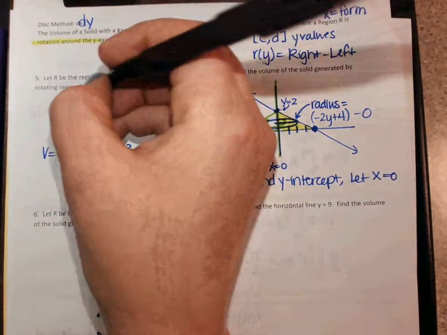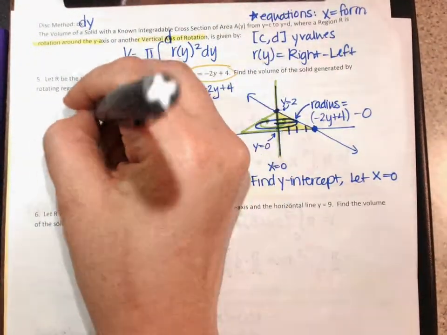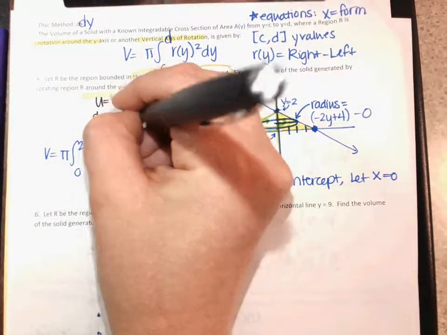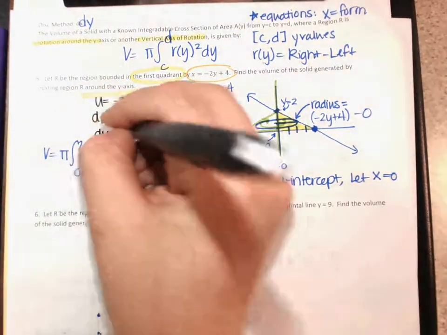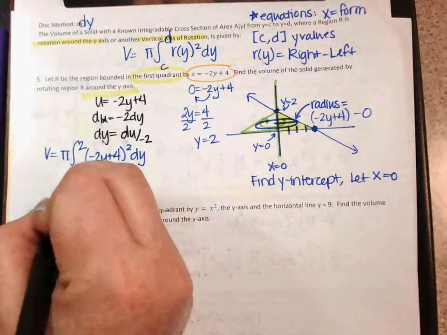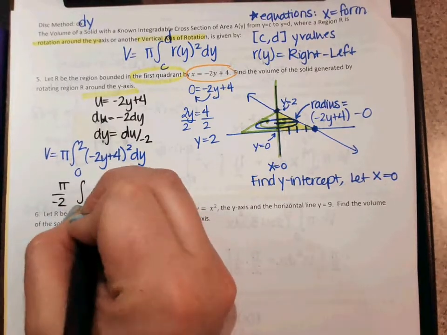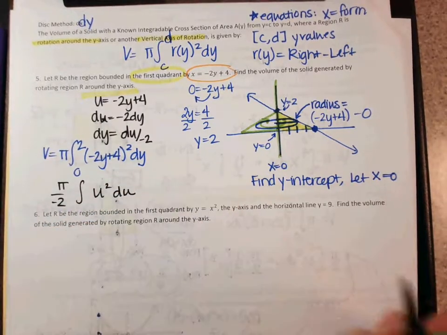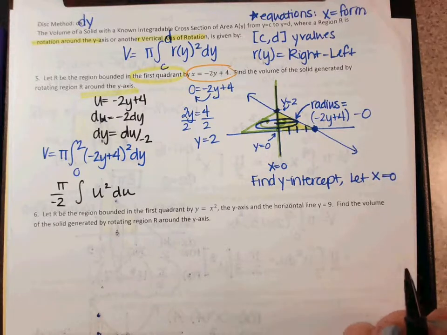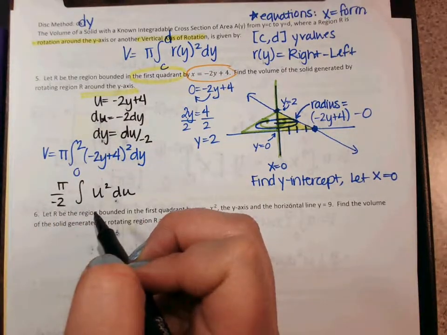Okay, so your u was negative 2y plus 4. du is negative 2 dy. 64 pi over 6. So I'm going to put my negative 2 out in front. Do you sub? And do you plug in your endpoints? Did you do u cubed? Like I got 64, but then I don't know where you got the 6 from.